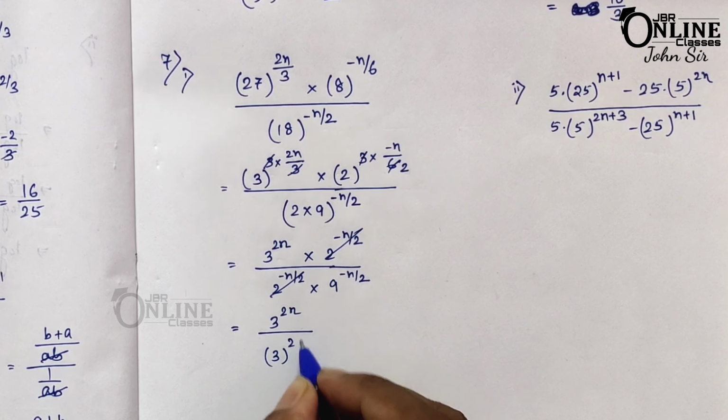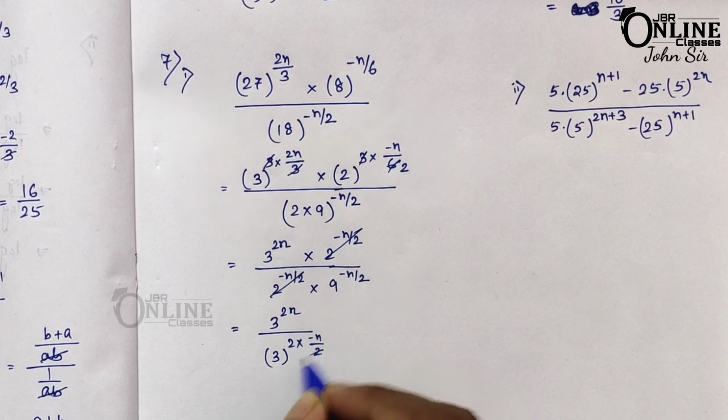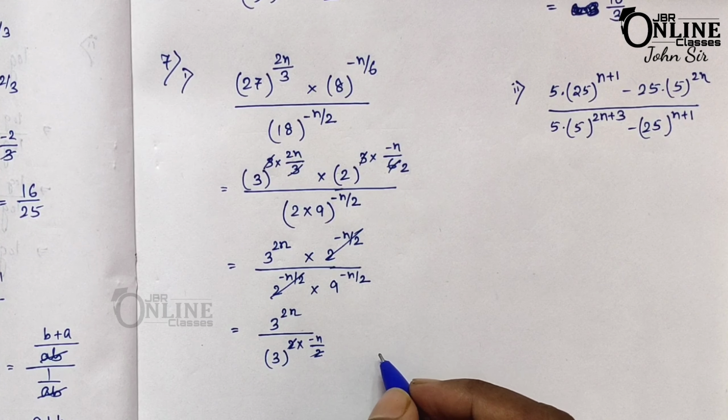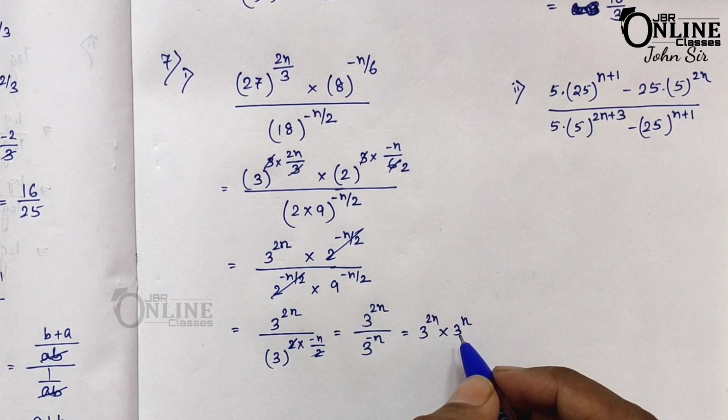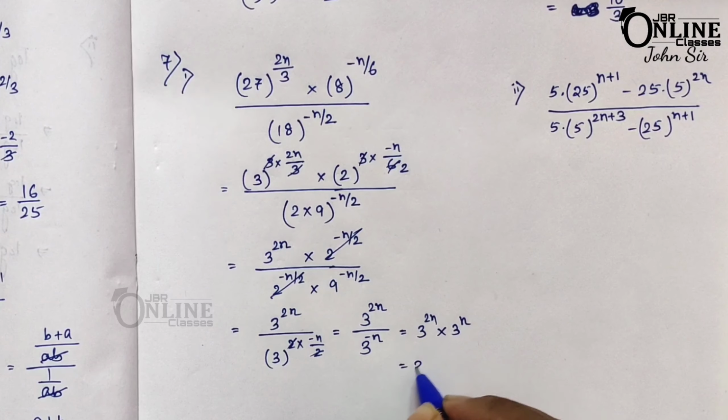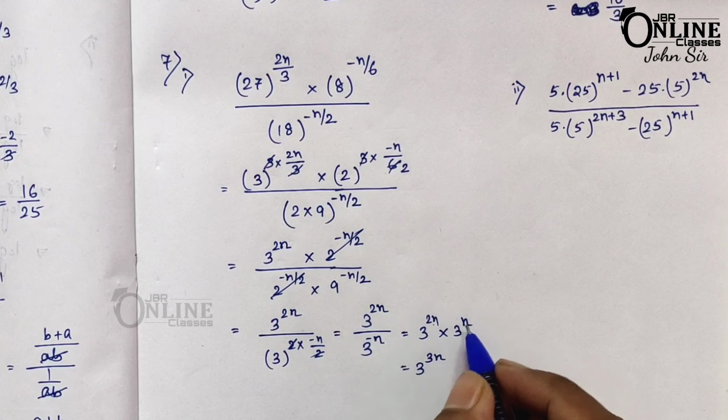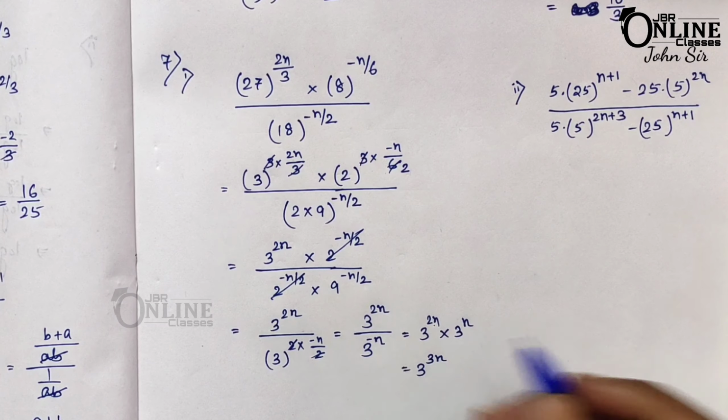So 3 square into minus n by 2. So here also 2 cancel out. So it will be 3 to the power 2n, and here 3 to the power minus n. Now 3 to the power minus n goes up as 3 to the power 2n into 3 to the power n. Okay, so that equals 3 to the power 3n. 2n plus n equals 3n.